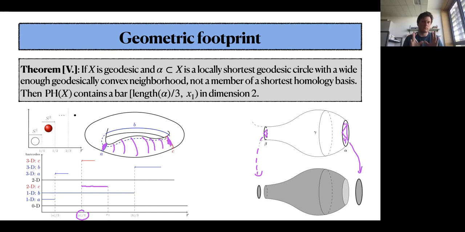Now, the birth time of such a class is well defined just by this picture. It's not really clear when such a bar would terminate. We only have a bound for its death time. So x1 would be smaller or equal to the length of gamma. And gamma in this case is the longest curve, at least if alpha and beta are homotopic.